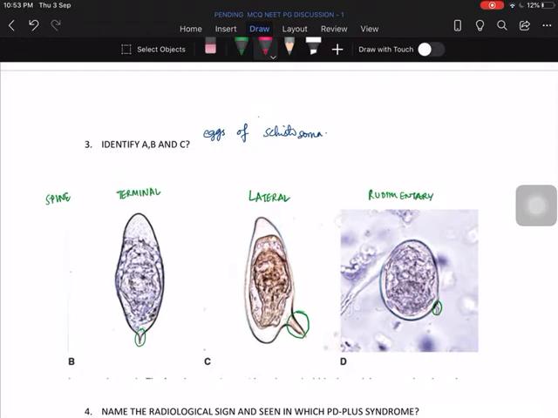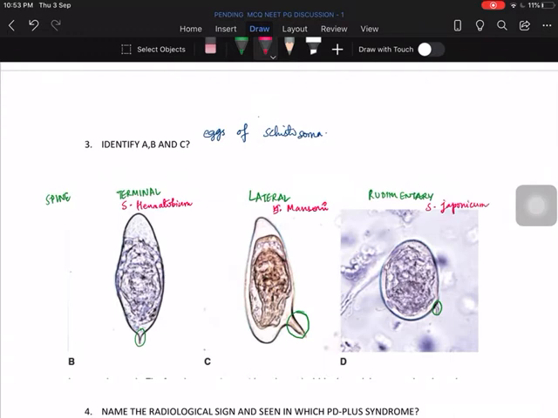The terminal spine is seen in Schistosoma haematobium, lateral spine is seen in Schistosoma mansoni, and rudimentary spine is seen in Schistosoma japonicum.